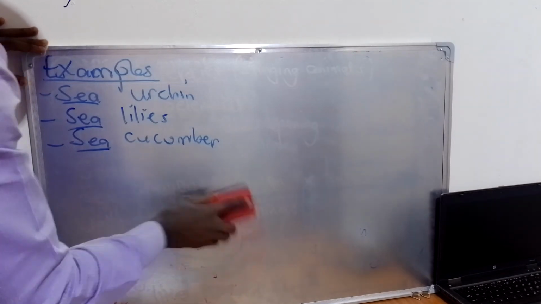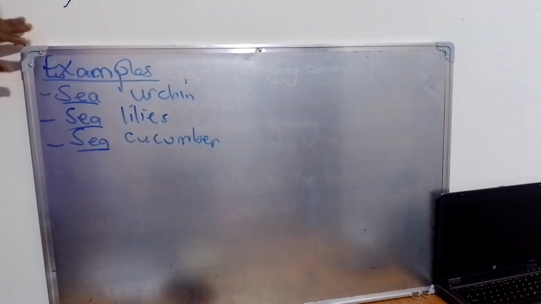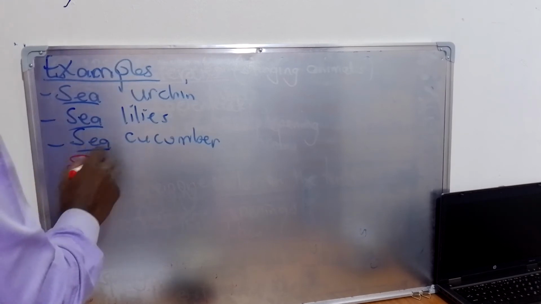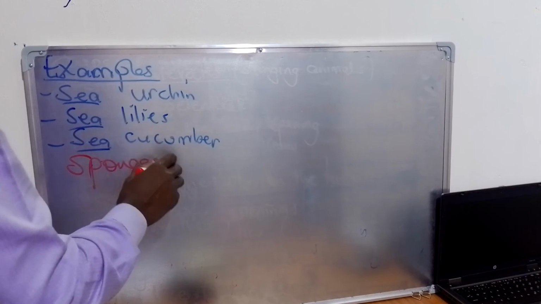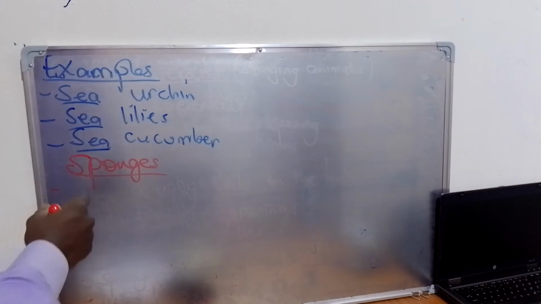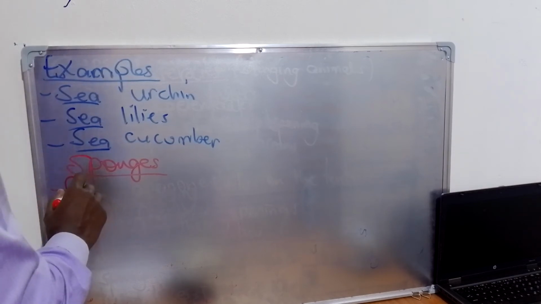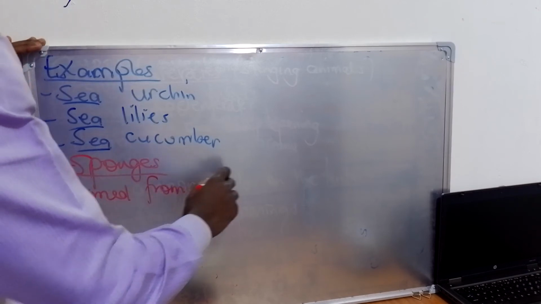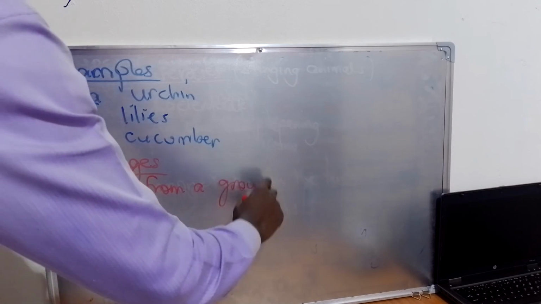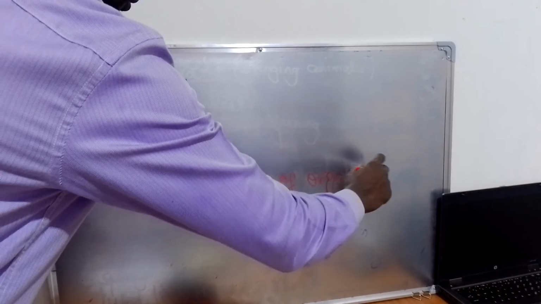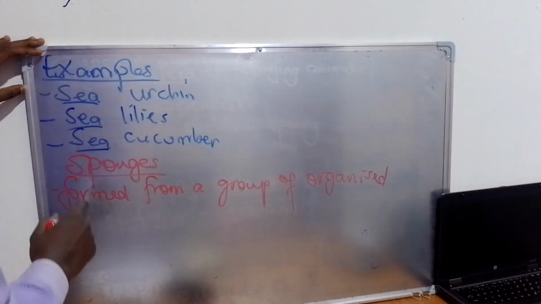Lastly, let's talk about sponges. These are very funny. Why? They are formed from a group of organized cells.